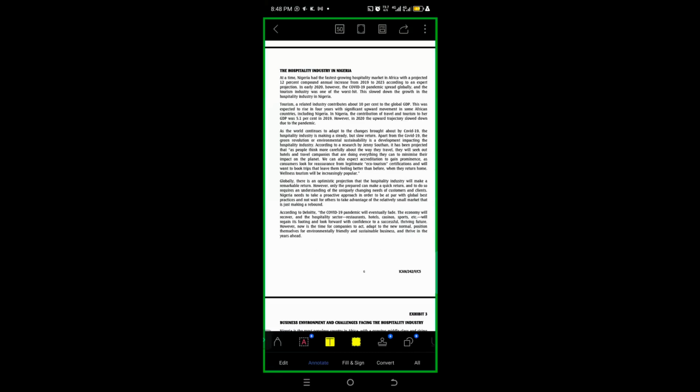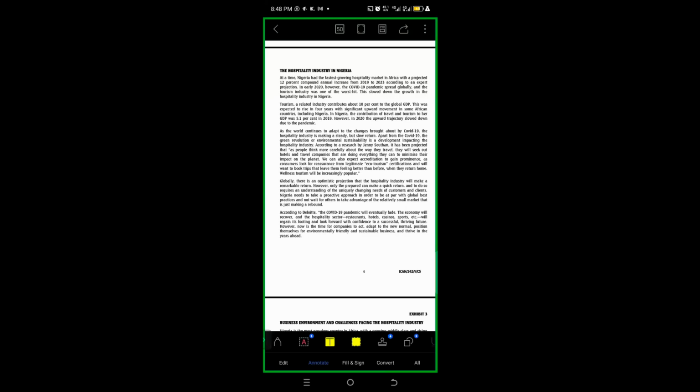This slowed down the growth of the hospitality industry in Nigeria. Tourism, a related industry, contributes about 10% to global GDP. This was expected to rise in 4 years with significant upward movement in some African countries, including Nigeria. In Nigeria, the contribution of travel and tourism to our GDP was 5.1% in 2019.